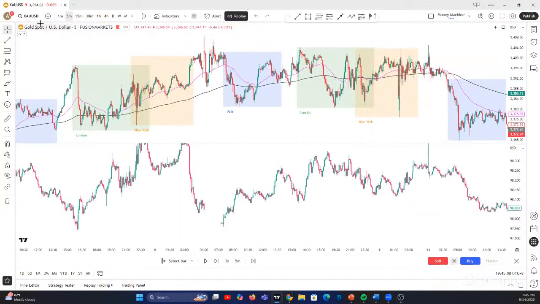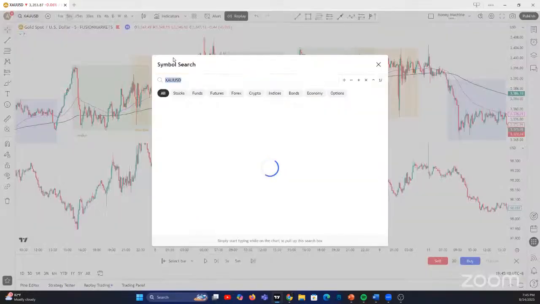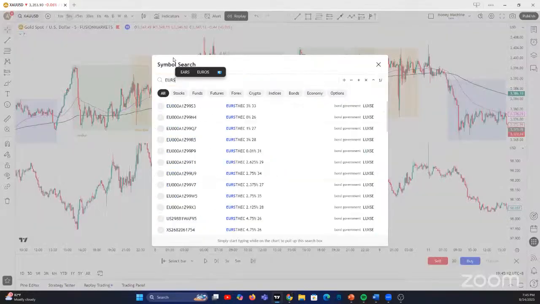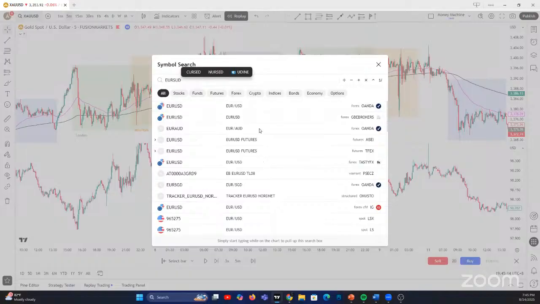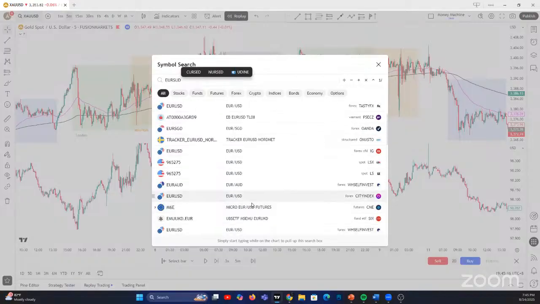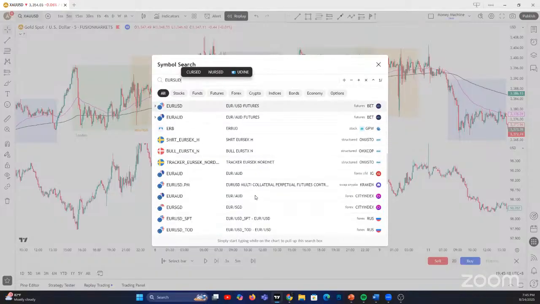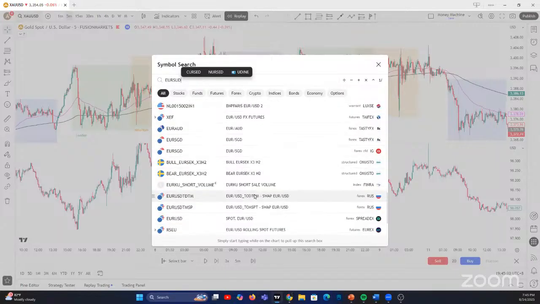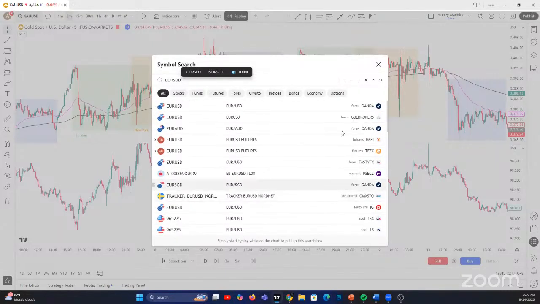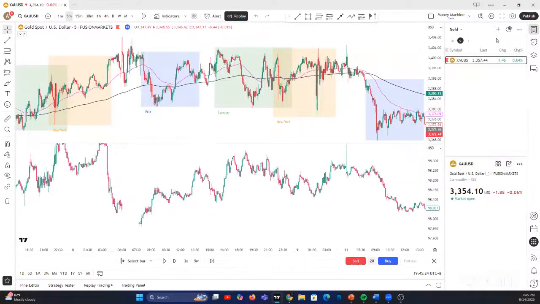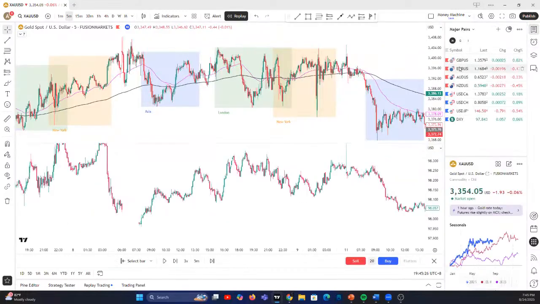You can also use this in, for example, Euro USD. Okay, Euro USD for example. Where's that? Euro USD.